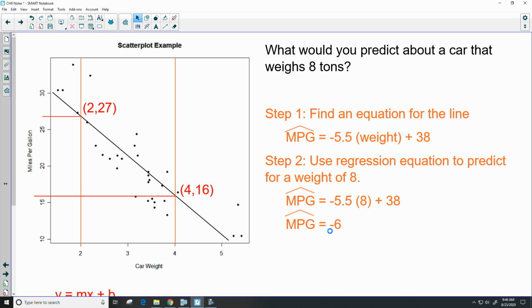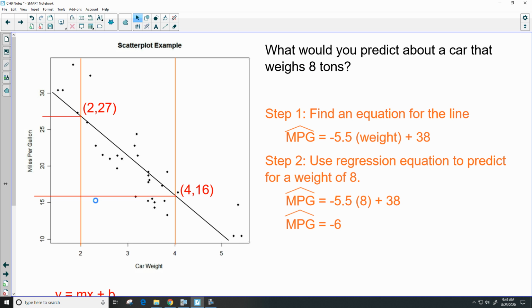First of all, miles per gallon. If you drive, you're going to get some sort of positive miles out of a gallon of gas. It's not like you start driving and you go backwards, right, and lose miles. So miles per gallon has to be positive, yet when we use the regression equation, it's negative. And the reason for that is, think about where 8 would fall.